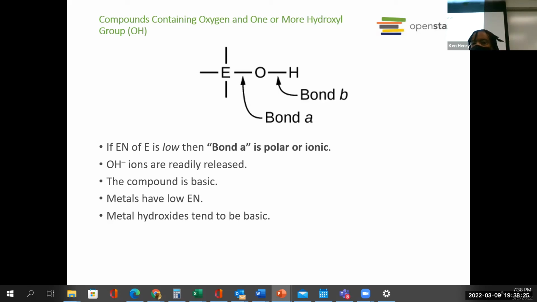So if the electronegativity is low, then bond A is going to be polar or ionic, and that means the hydroxide ion is going to be released easily.